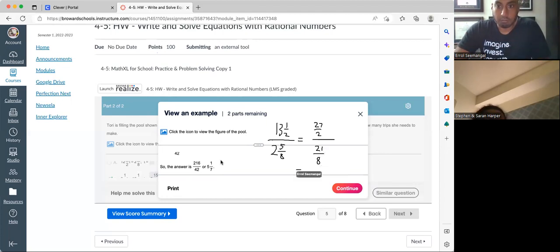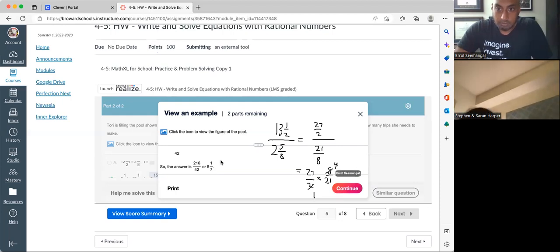Now we're gonna change it to a multiplication. 27/2 times, what's the reciprocal of this? Flip it. 8/21. Okay, so now we're gonna write here 8/21. Okay, so we can reduce this 2, 4.